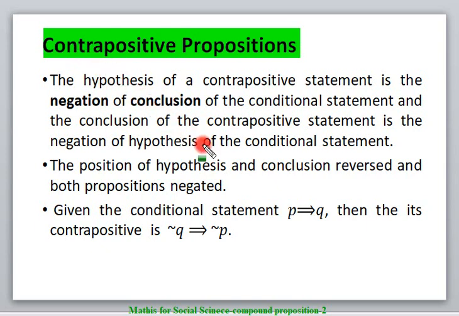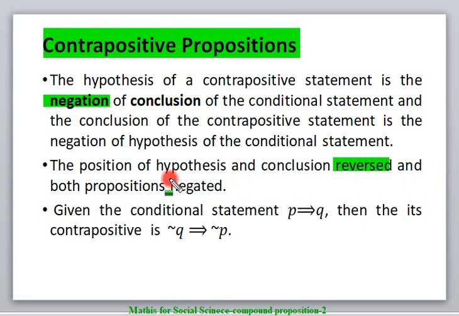The hypothesis of the contrapositive statement is the negation of the conclusion, and the conclusion of the contrapositive statement becomes the negation of the hypothesis of the conditional statement. The positions of the hypothesis and conclusion are reversed, like in the converse proposition, and in addition they are negated.